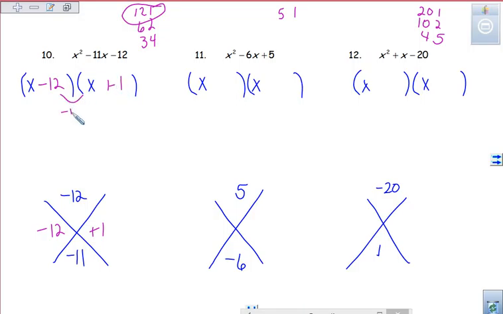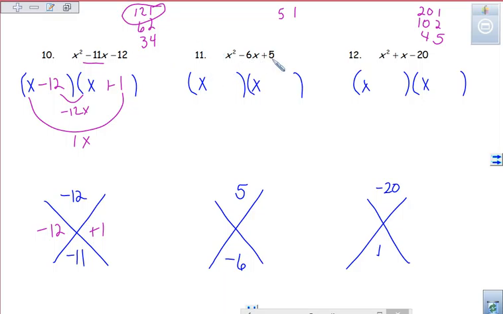So my insides give me a negative 12x, my outsides give me a 1x, and that adds to be the negative 11x. I already picked negative 12 and 1 to multiply to negative 12, so I don't always check that number. I would say this is a harder level question just because there are lots of factors for 12.